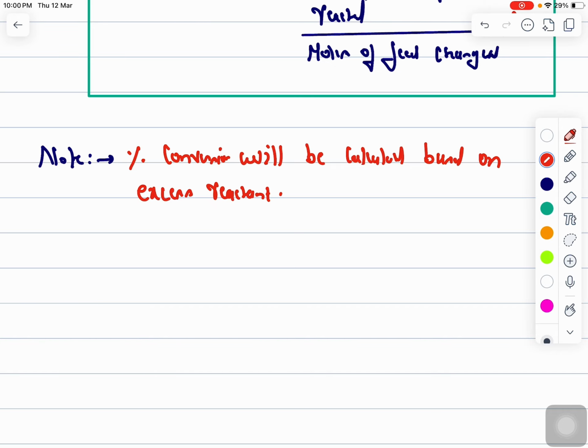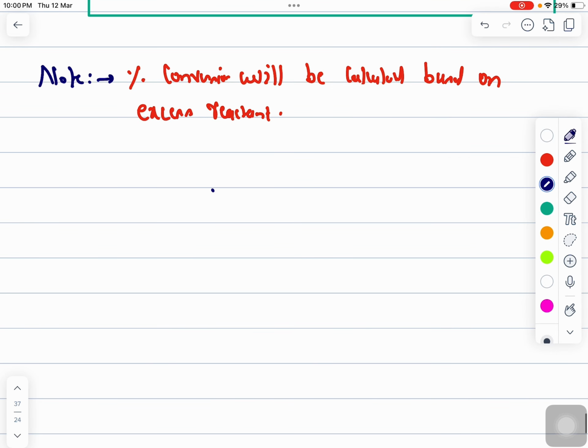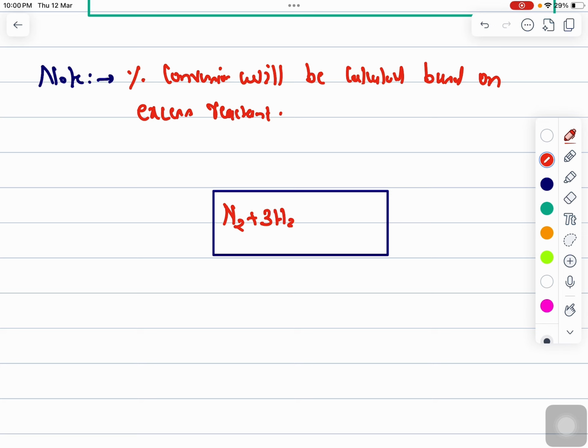Right, so let's try to understand. Let's say you have a reactor for ammonia production, and the reaction occurring here is N2 plus 3H2, which is getting converted to 2NH3. So you will be supplying your nitrogen and hydrogen.